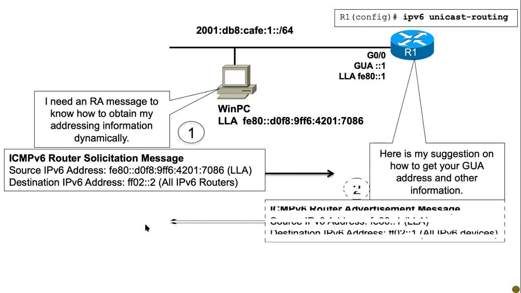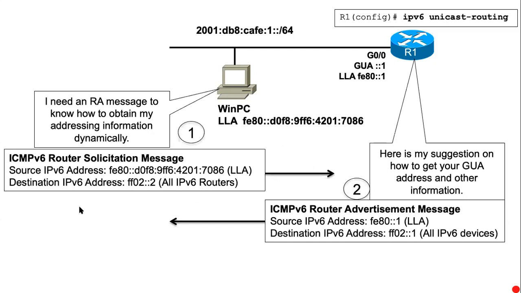The router will send out its router advertisement message from its link local address and send it to all IPv6 devices, even if it's sending the router advertisement because it received a router solicitation message. Now there are some variations. You can change this destination IPv6 address so that it's a unicast directly to the device.